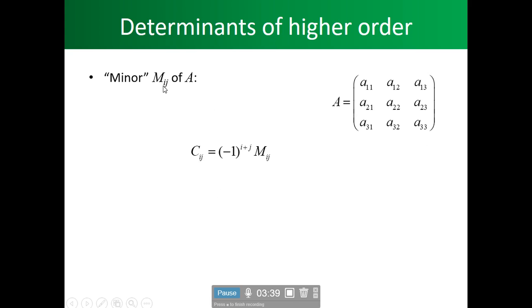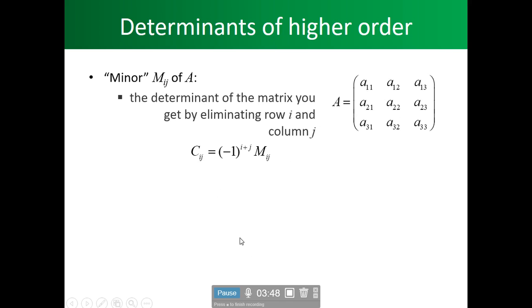Your I represents the rows and your J represents your columns. The minor of a matrix you get by eliminating row I and column J.